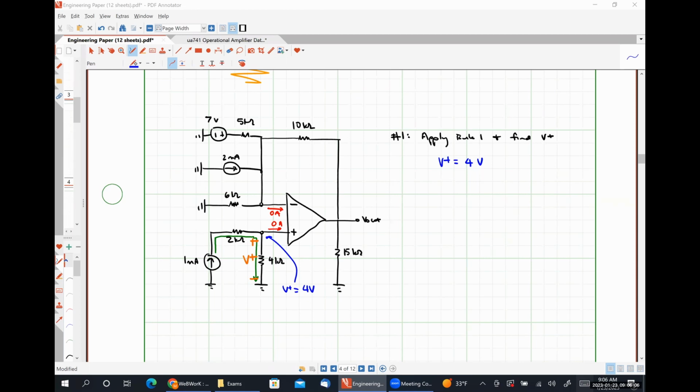So another way to think about this: John is suggesting that there's a 2 volt drop over the 2 kilo ohm resistor, which is absolutely true, but there's also a voltage drop across this current source. That 2 volt drop plus the voltage drop over the current source would also be our nodal voltage with respect to ground.